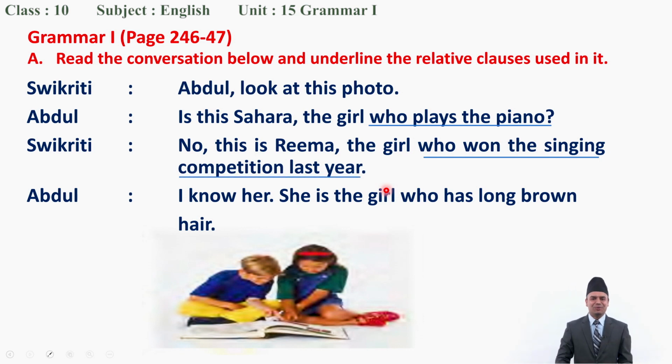"Who won the singing competition last year" is the relative clause in this sentence. And the third one, now you can easily guess that "who has long brown hair" is the relative clause here. That's great. Let's turn to exercise B.